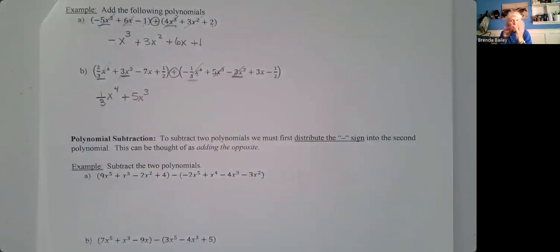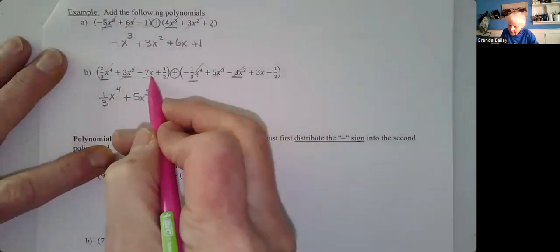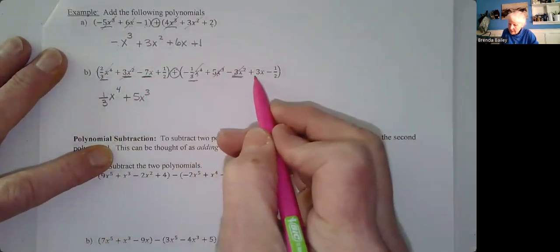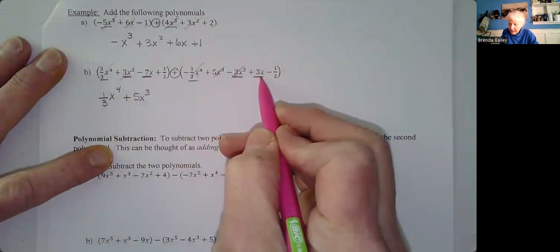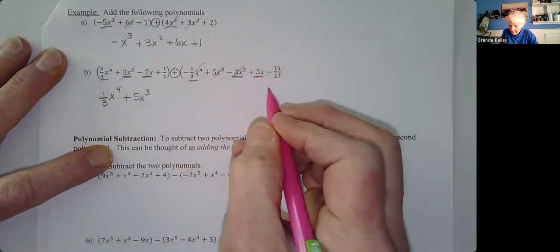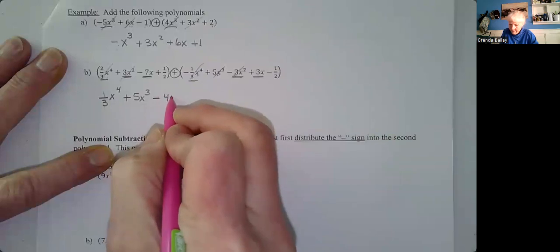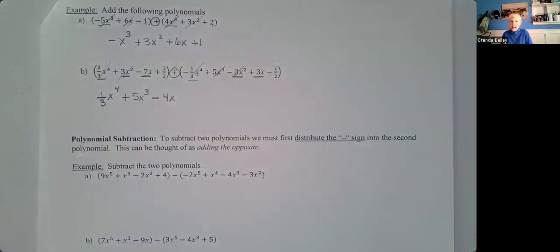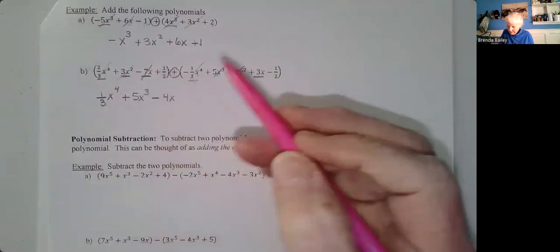So those are the x squared. Let's go to the x's. A minus 7x and a positive 3x is a minus 4x. You don't add exponents because we're adding, not multiplying. The only time you add exponents is when you're multiplying. Okay, that takes care of those.